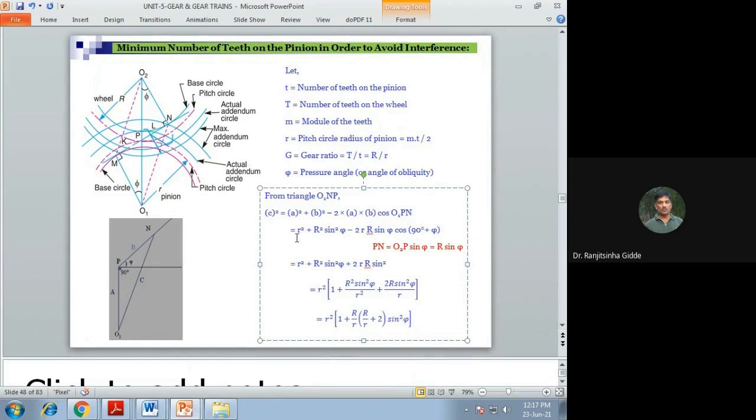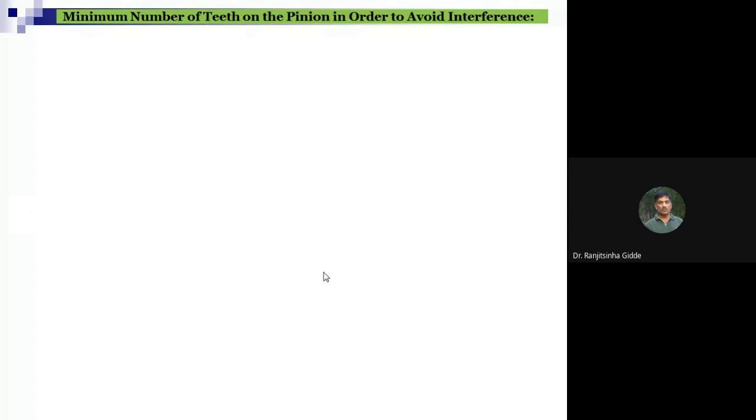So what is the angle? This is phi, the pressure angle shown here, and here it is 90 degrees. So you can write the expression. Just let me enlarge its view.